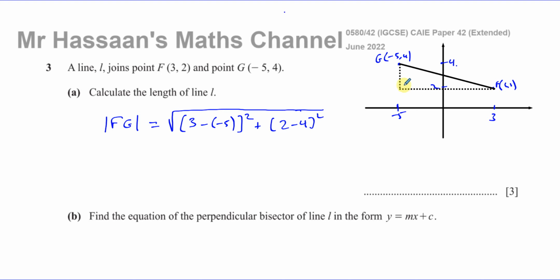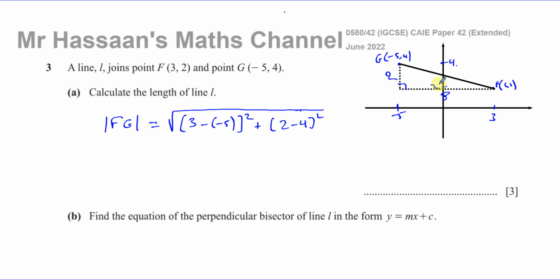So basically it forms a right angle triangle. This distance is 8. This distance is 2, not 4, because that's 2 and 4.